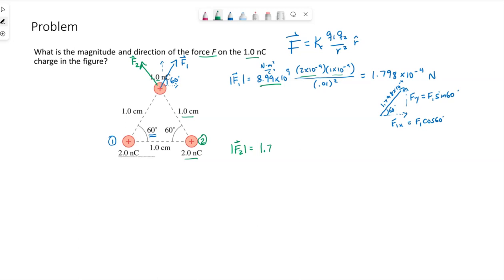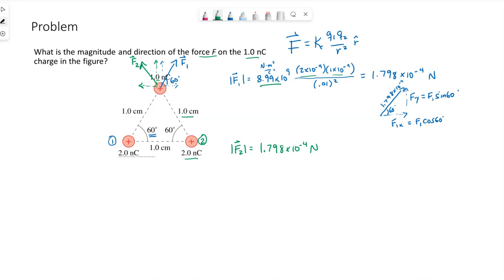So the magnitude of this force is going to be the same as the magnitude of F1 due to the other 2 nanocoulomb charge. The difference is that this F2 points to the left, so it has a negative x component, and it does point up as well.